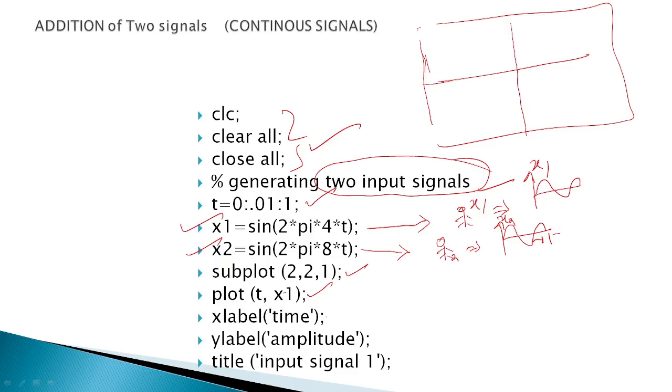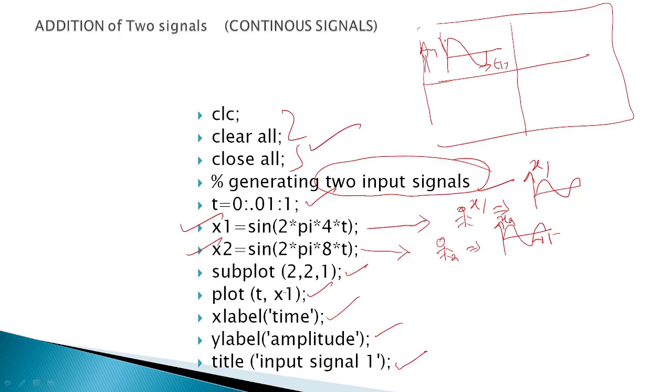In that, x label is time, y label is amplitude, and the title for the signal is input signal 1.